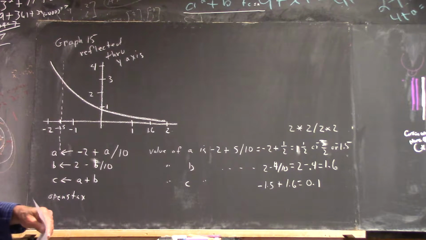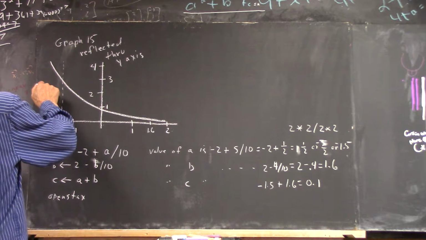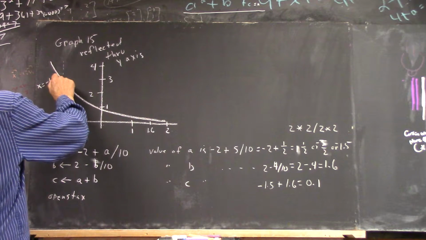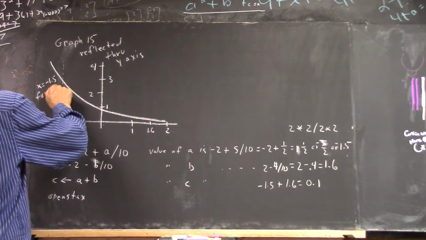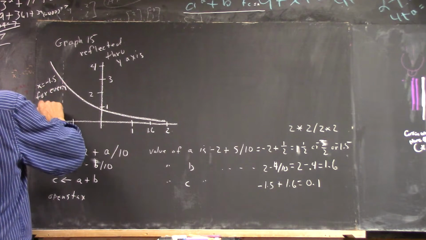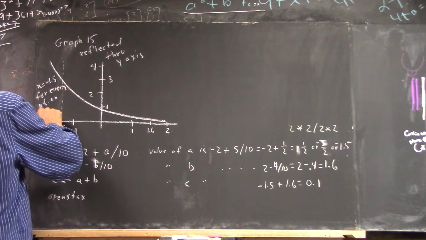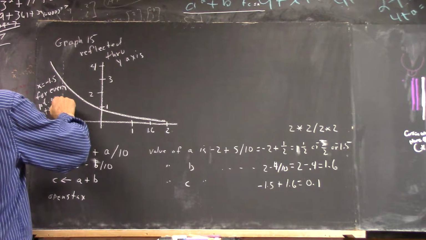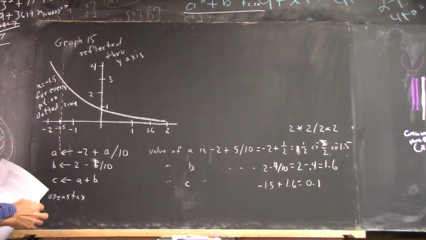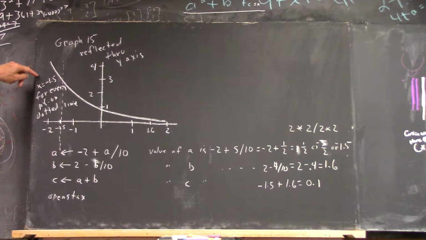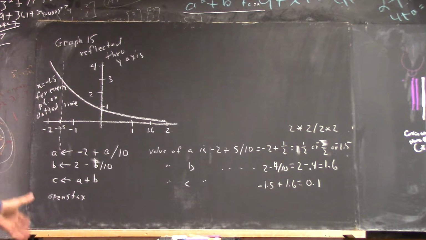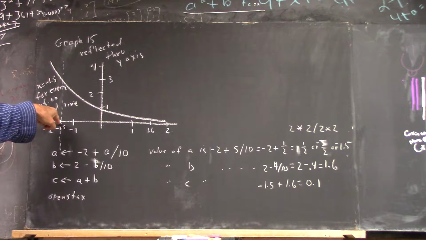It might be a little hard to read. It says x equals negative 1.5 for every point on the dotted line, right? And if that dotted line extends all the way up and all the way down, those are the only points where x equals negative 1.5. So x equals negative 1.5 above and below this point.